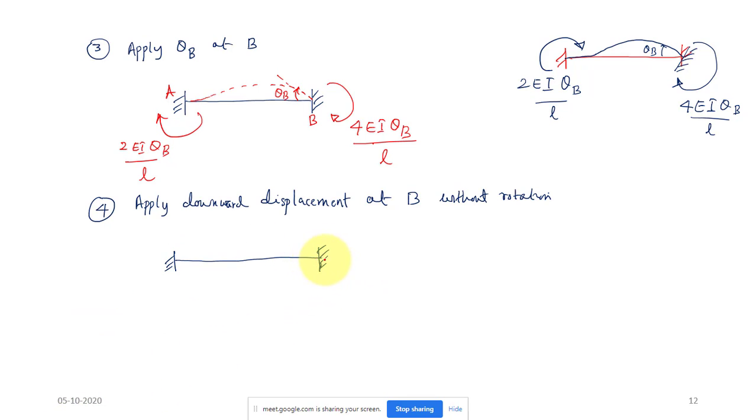This point has a relative vertical displacement, so the deformation will be something like this, with zero rotation, and this part should be straight because there is only delta. This is the only displacement we are applying to the beam. There is no rotation, so it should be horizontal. Rotation theta B should be 0, that is why it is also horizontal.